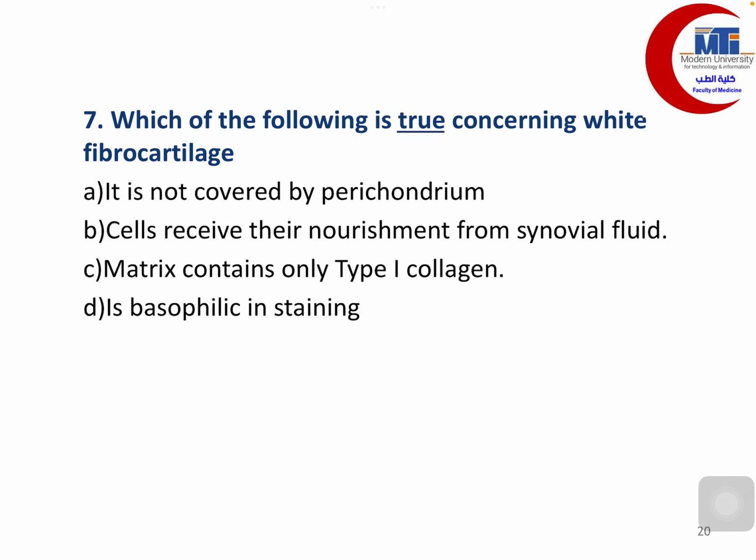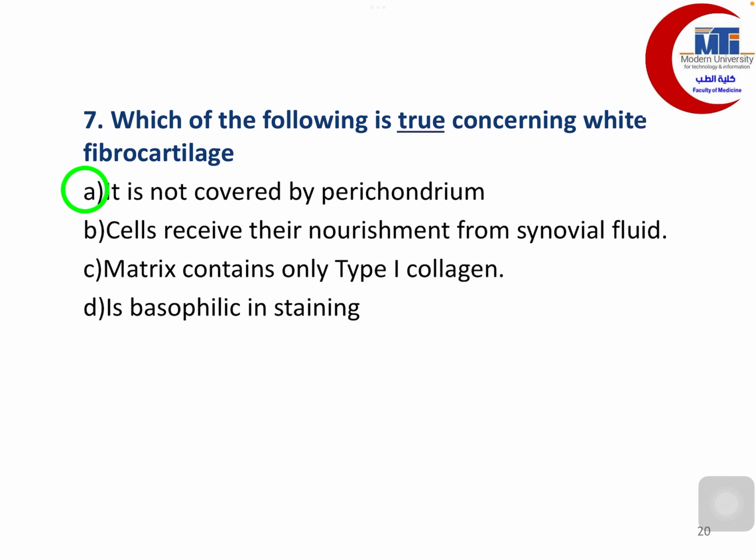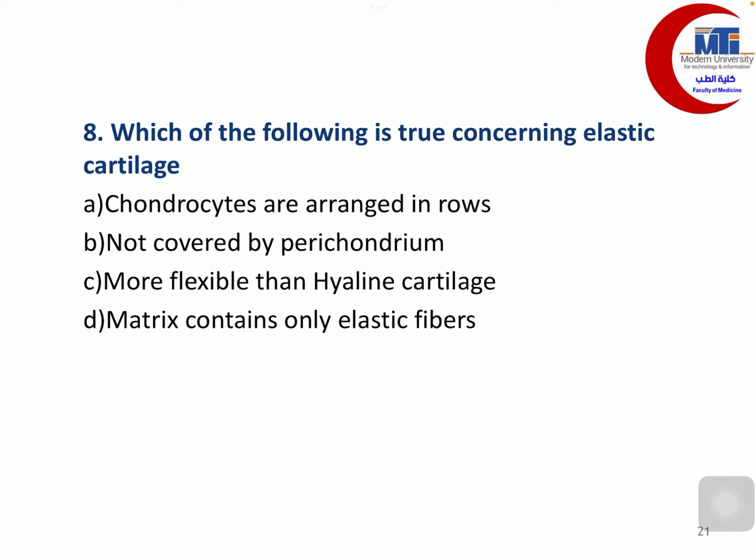Which of the following is true concerning the white fibrocartilage? The correct answer is A. It is not covered by the perichondrium. If you remember, the other type of cartilage which lacks the perichondrium is the articular cartilage, which is one of the sites of the hyaline cartilage.